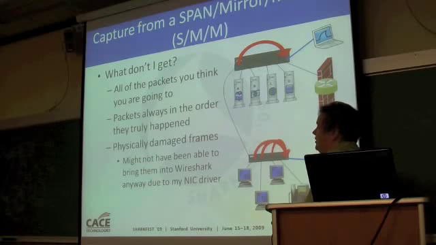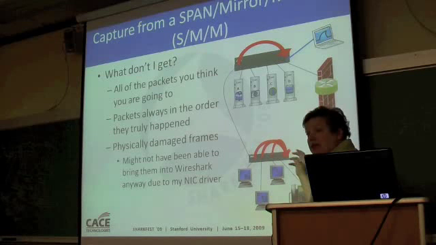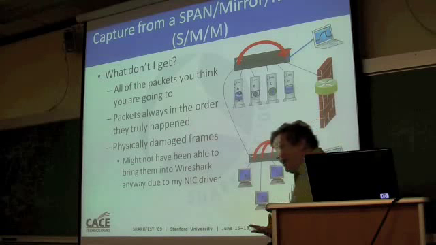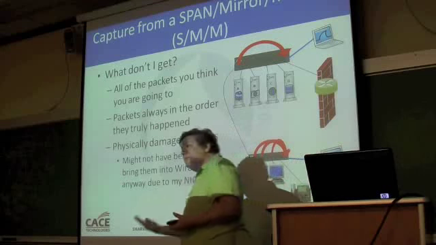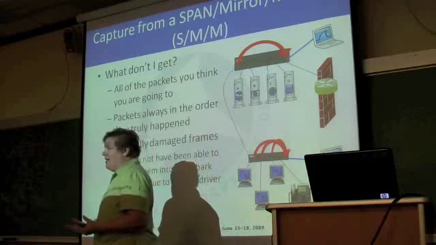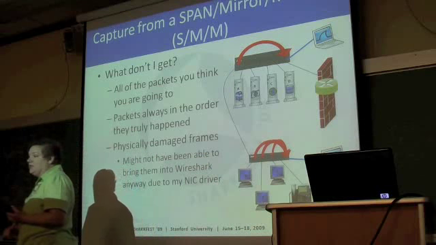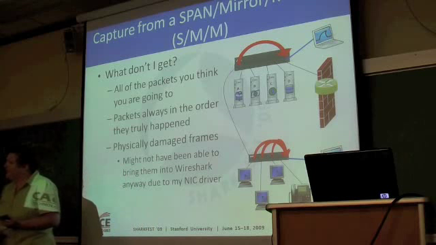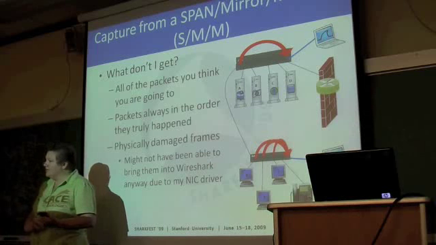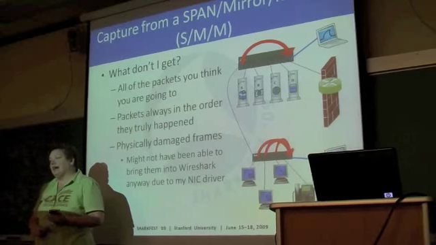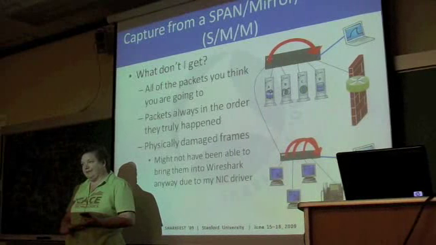I don't always get them in the order they actually happened because my switch will do buffering and then might send them down in the same order that they originally came in, might not. It depends on the load I have on my switch and how much traffic I'm spanning. The more I span, the more likely I am to have droppage and reordering.